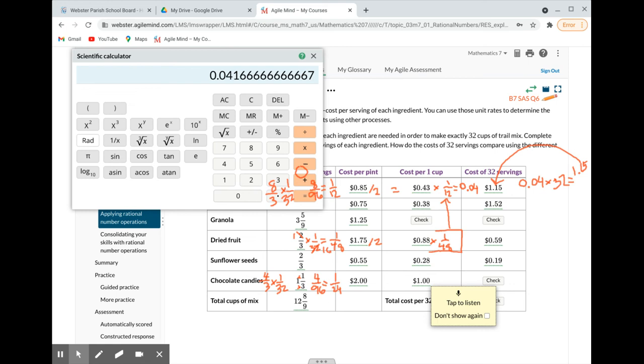Well, you would break it into 25 pieces. So in this case, we're taking $1 and we're splitting it into 24 sections. So when we split it into 24 sections, this is what we're left with. So we're going to take this number and we need to multiply it by how many servings? 32.